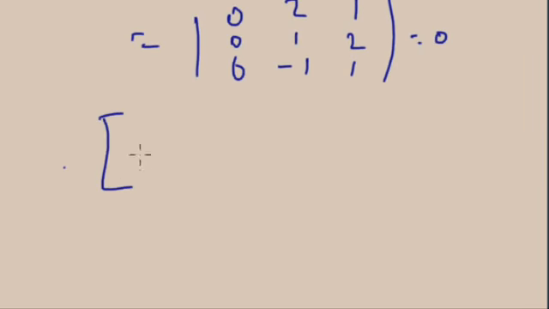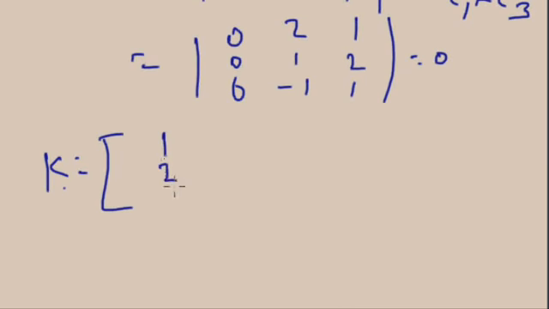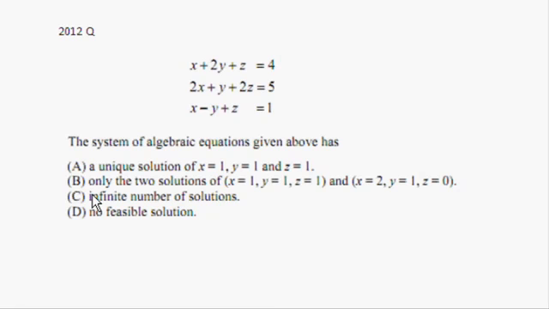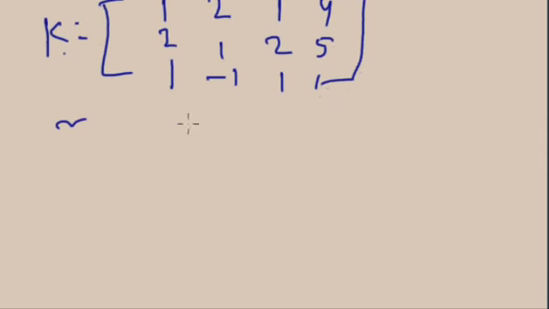K is [1 2 1; 2 1 minus 1; 1 2 1; 4 5 1]. So this is performing the column transformation. The first element will become 0.